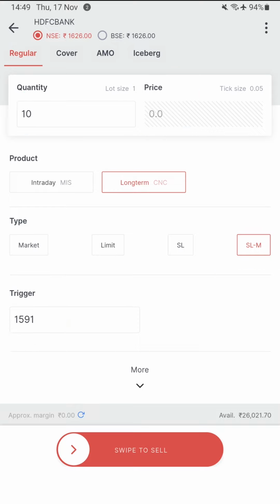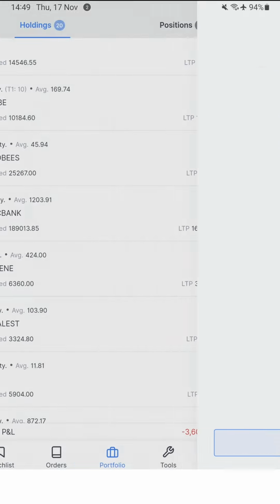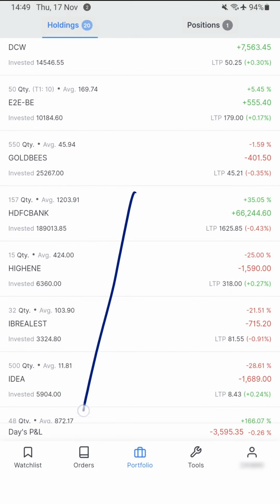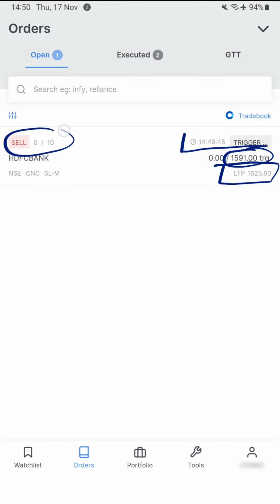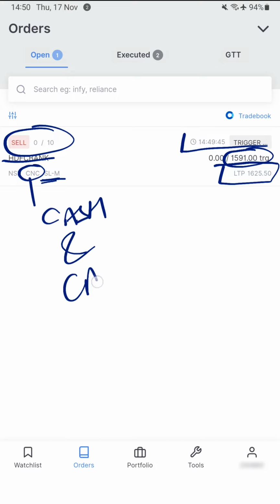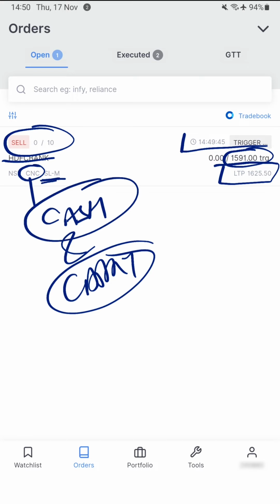I'm going to do a swipe to sell, and this order will now go to my orders section, which I can access over here. So in orders, I can now review my trade, which says that there is a trigger of 1591. The current last traded price is 1625, and I'm selling a quantity of 10 HDFC Bank at a stop loss market, and CNC denotes that this is cash and carry, which means there is no margin, no leverage.